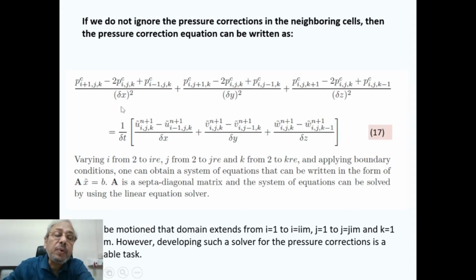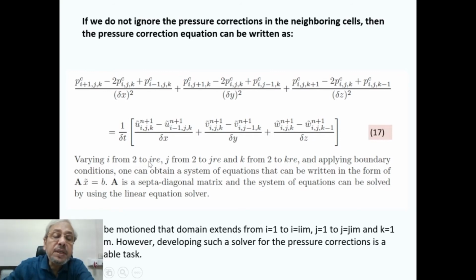And then you can see that we cannot directly get an explicit expression for pressure correction at the ijk point. Earlier we got an explicit expression for pressure correction at ijk, but here we cannot get that. All the neighbors are present, pressure correction terms. So what we have to do is vary I from 2 to IRE.